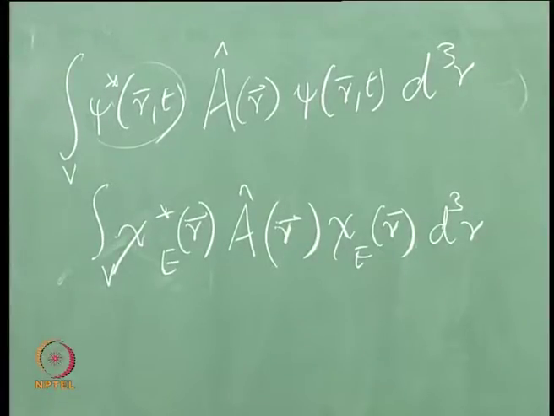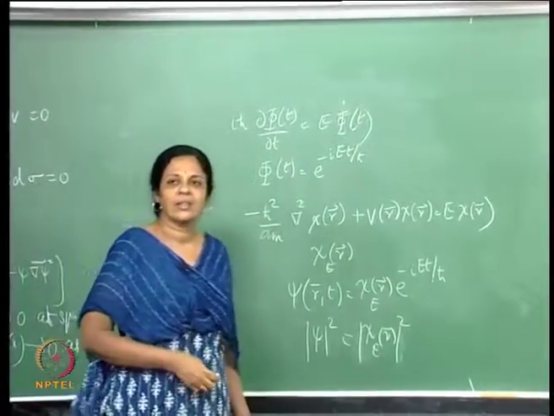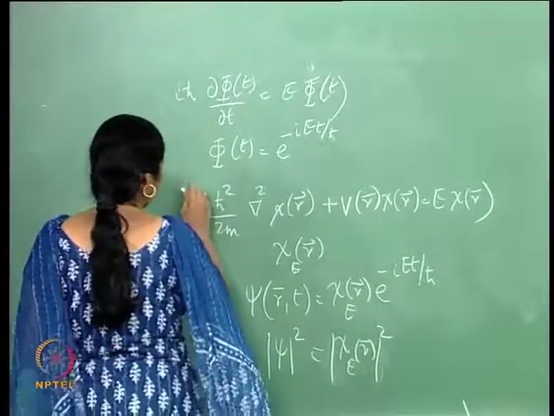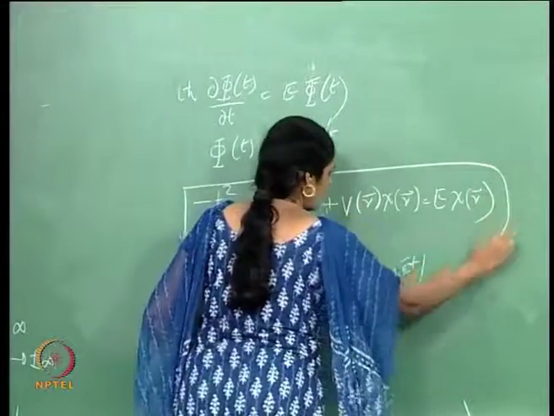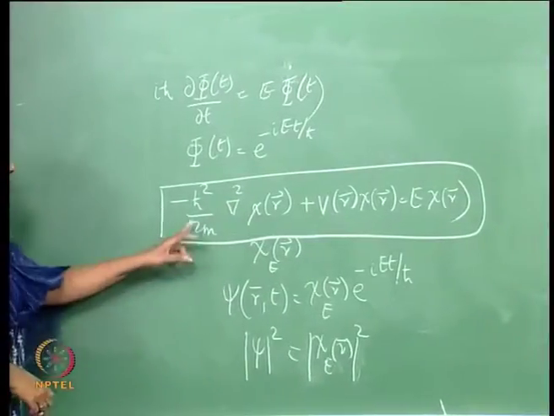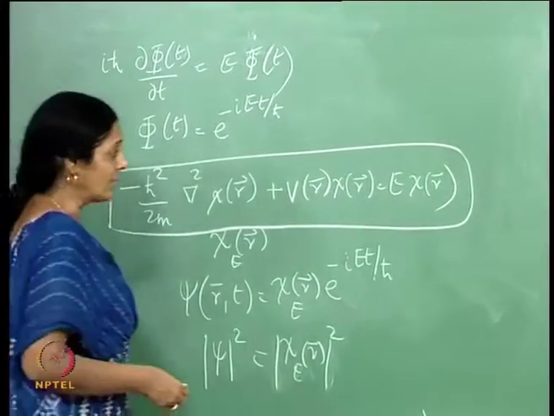So in a stationary state of the system, the time dependence goes as e^(-iEt/ħ). And this equation here, which one solves to find χ(r), clearly has no time dependence, and this is the time independent Schrodinger equation.